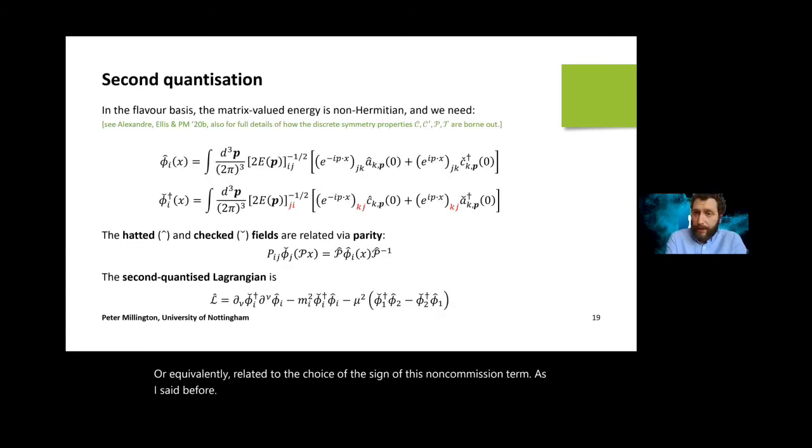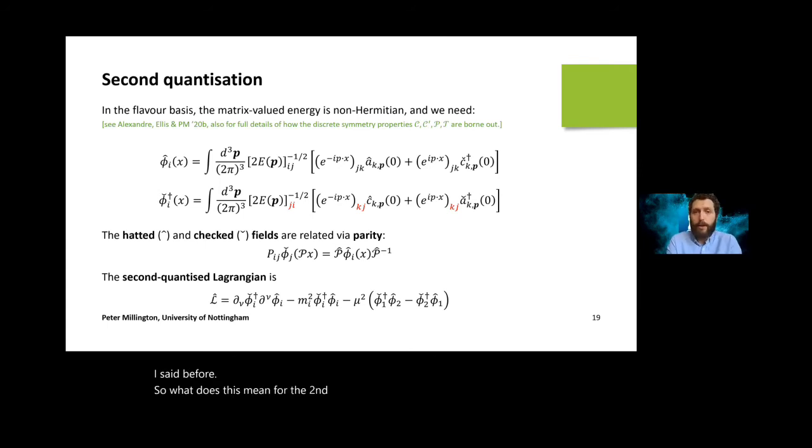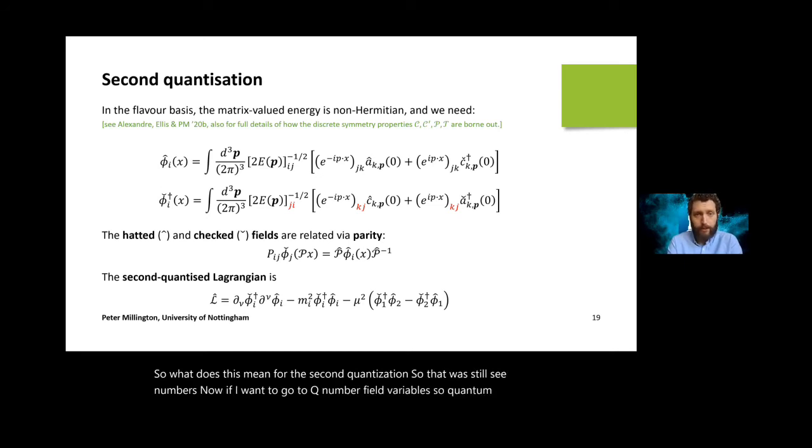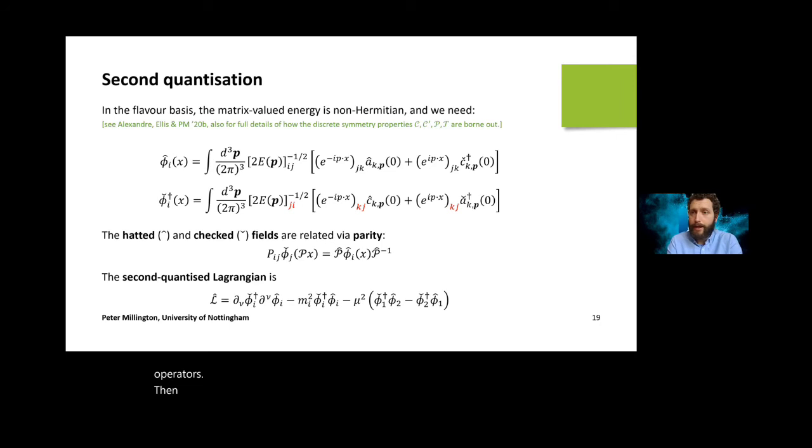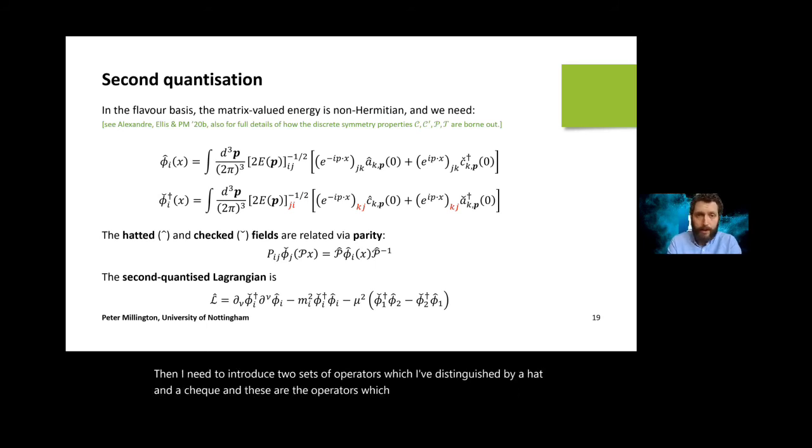So what does this mean for the second quantization? That was still all C-numbers. Now if I want to go to Q-number field variables, so quantum operators, then I need to introduce two sets of operators, which I've distinguished by a hat and a check. These are operators which may look familiar. They're complicated by the fact that the energy is matrix valued in the flavour basis.